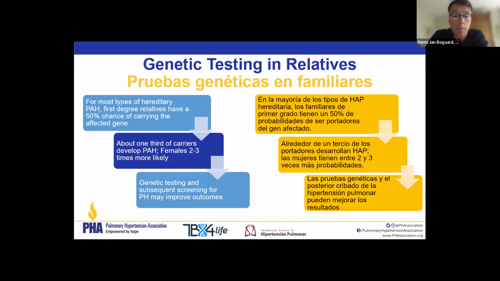At the same time, we know quite certain that it has implications when you do carry the gene, because when you, as a healthy individual, know you do carry the gene, you have the opportunity of being followed up quite closely, and you have the opportunity of getting a very early diagnosis, which we believe will improve your chances, because an early diagnosis allows for early treatment and allows for better outcomes.